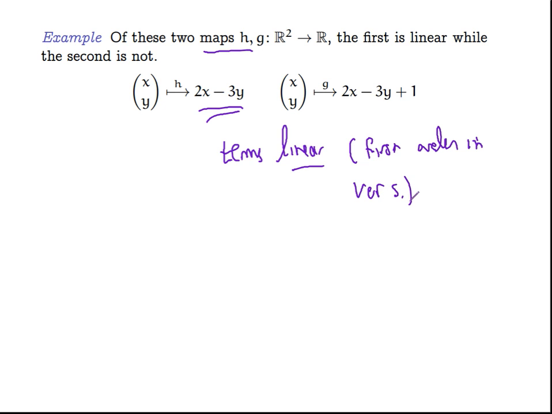And I think you've seen examples where if the function has an x squared or an xy or y cubed or square root of y, it's not going to work. And also here you have a term with a constant. The term with a constant, that's also not going to work. This is an easy way to see that this is not linear. Well, let's see how he does it.